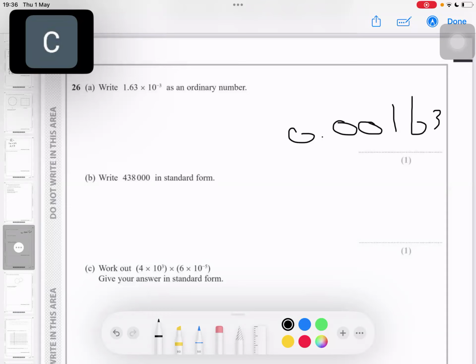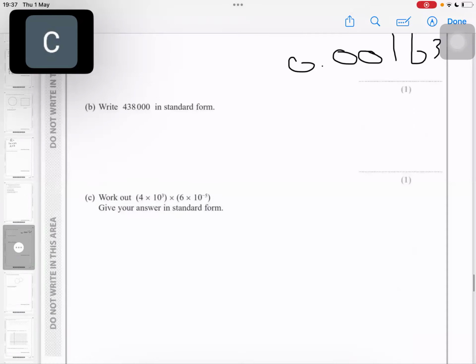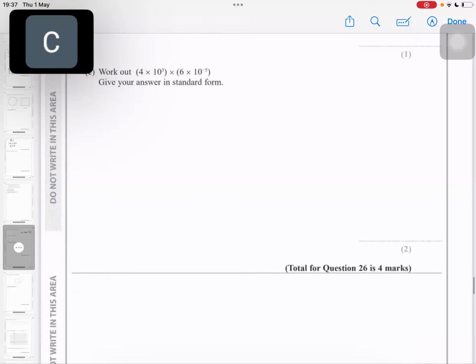Now, what do you think will be the answer of that third one? 24 times 10 minus 2. Yes, times 10 raised to power minus 2.